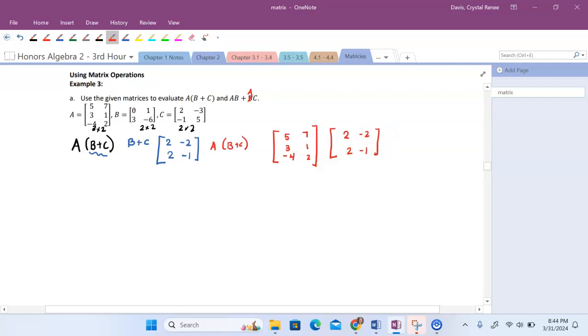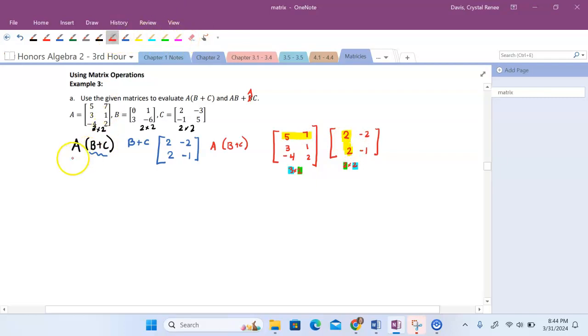Let's first make sure that we can multiply them. This is a 3 by 2 matrix, this is a 2 by 2. These match, so I can multiply them, and I'm going to get a 3 by 2 matrix.